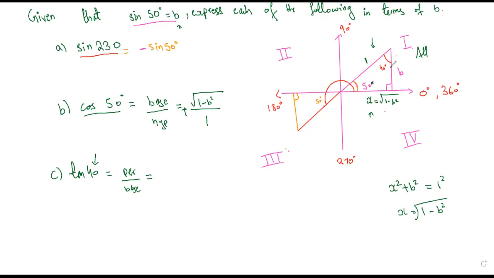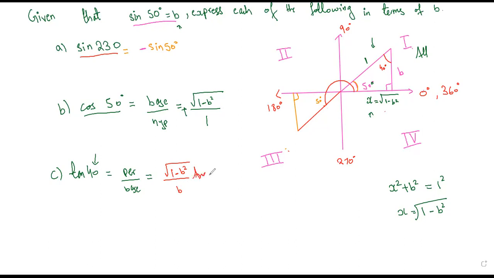What is the perpendicular side? The perpendicular side with 40 degrees as the angle is the side opposite to 40 degrees. It would be under root 1 minus b squared, divided by, and what is the base now? The base according to 40 degrees is b. Very good. So this would be the answer, exactly.